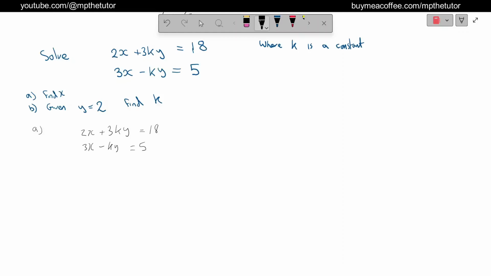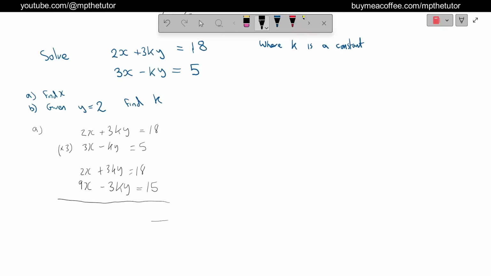Now what I'm going to do is multiply the bottom one by 3. So you end up with still 2x plus 3ky equals 18. And then I've got 9x minus 3ky equals 15.